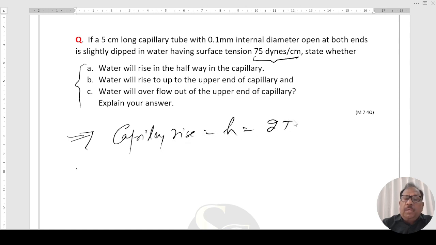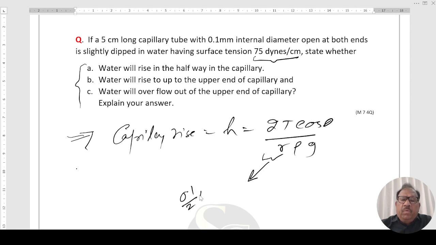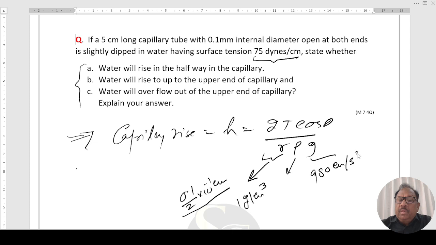H is equal to twice T cos theta upon r rho g. What is there? r is 0.1 divided by 2 into 10 to the power minus 1 centimeter. We will follow the CGS system. Density of water is 1 gram per centimeter cube. g is 980 centimeter per second square.